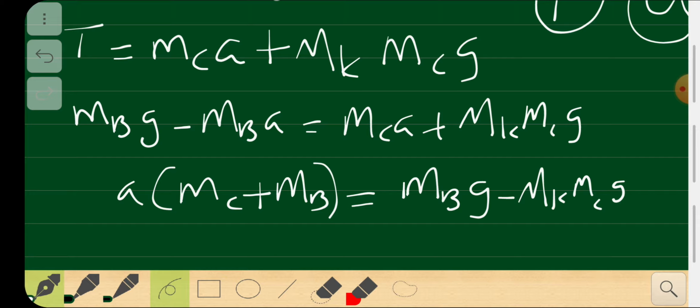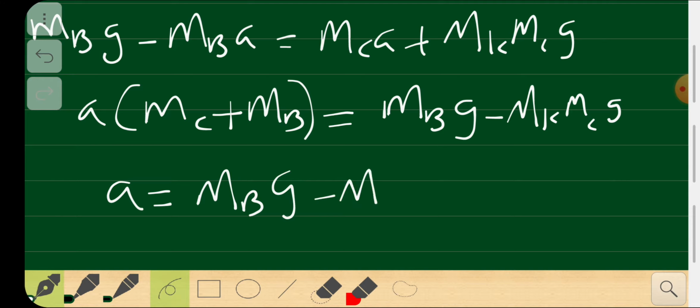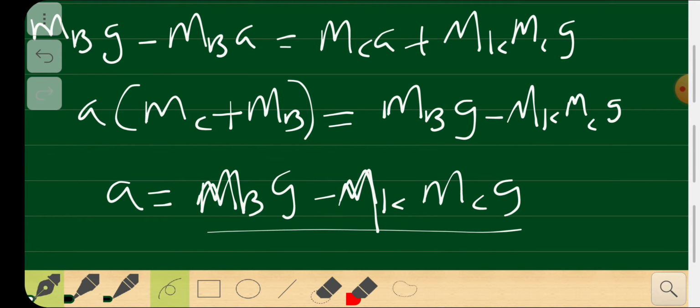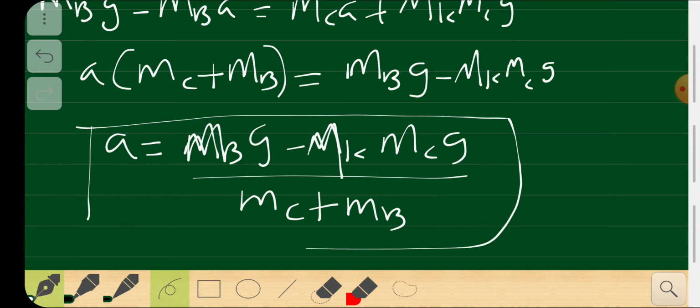So you can calculate a must be equal to mbg minus mu k times mcg, divided by mc plus mb. So we have found the acceleration.